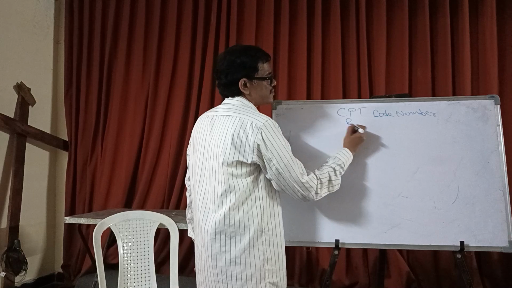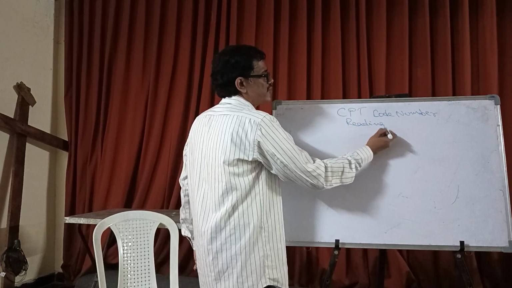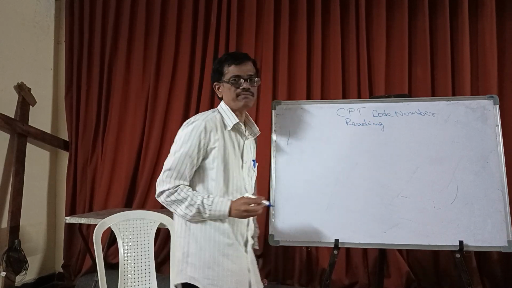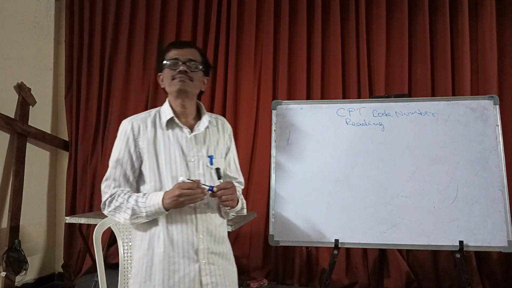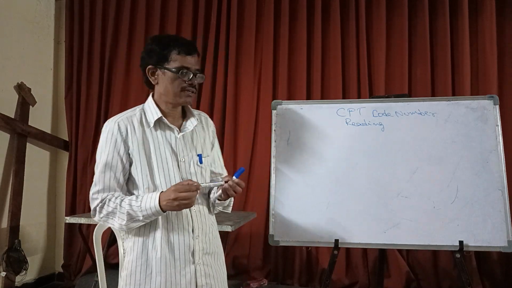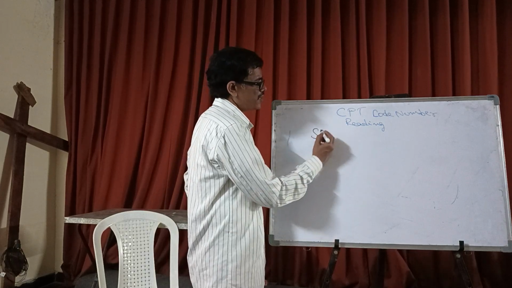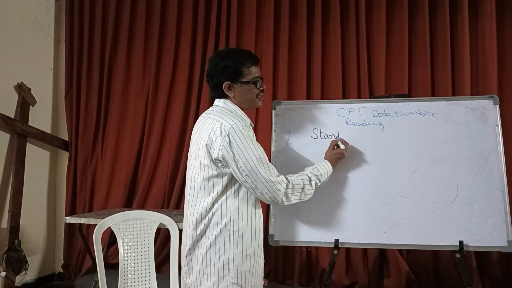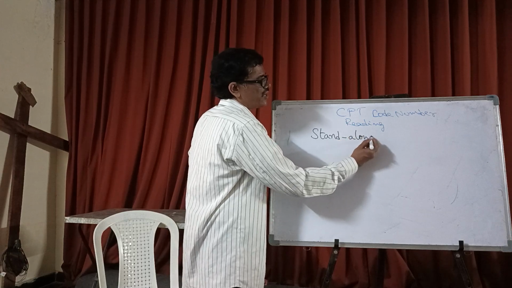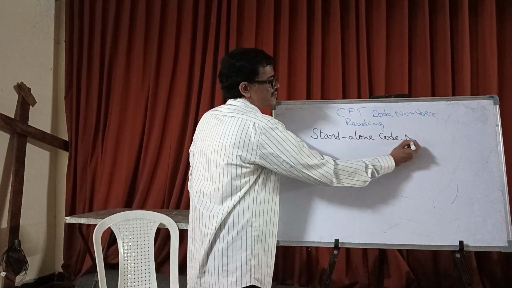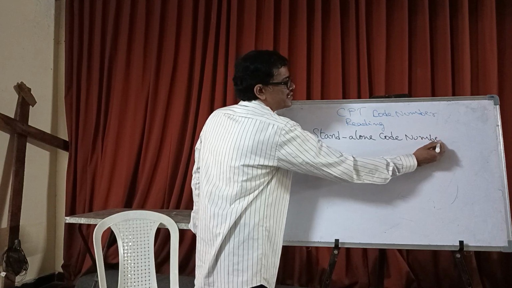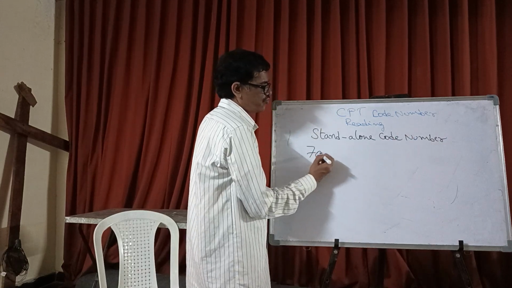Whenever you have a CPT code number, it will have a full description or complete description in one code, that is called a standalone code number. There are two types of code numbers. One is called a standalone code number, which can have a complete description, like 70450.